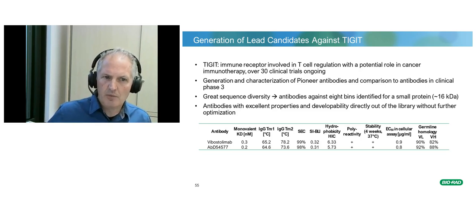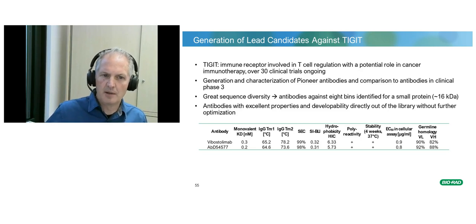And we got antibodies with excellent properties and developability directly out of the library without further optimization, which is shown here for one example. Of course, we have many more. So we have good affinities, good Tm values. All antibodies were above 73 degrees.